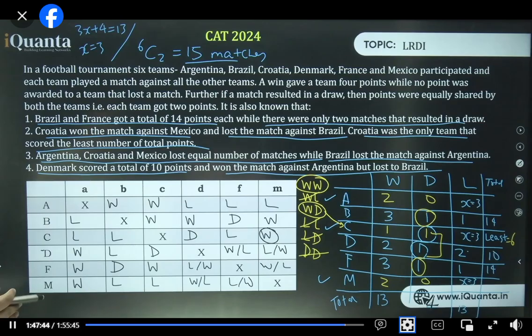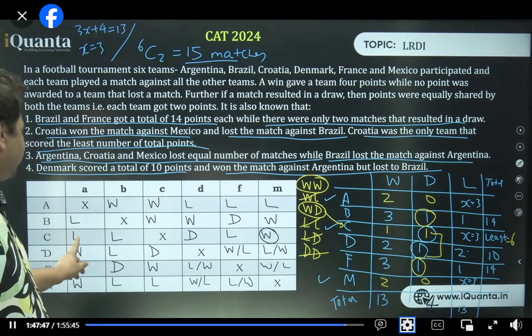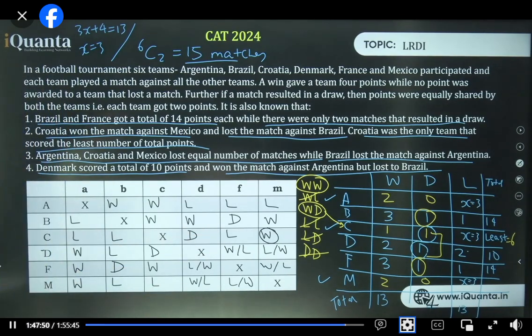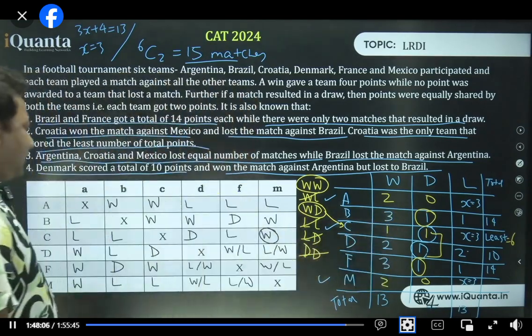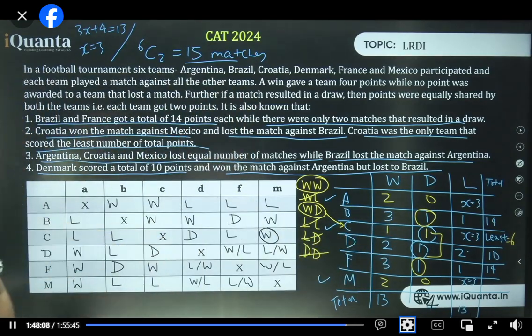Similarly, Croatia's 3 losses against Argentina, Brazil, and France were already accommodated, right? As we knew looking at the table, C and D have got 1 draw each, so the draw which is remaining for Croatia would have been with Denmark itself. If you just go 5 minutes back, I explained that totally. I think in these 5 minutes, you must have forgotten the previous statements.